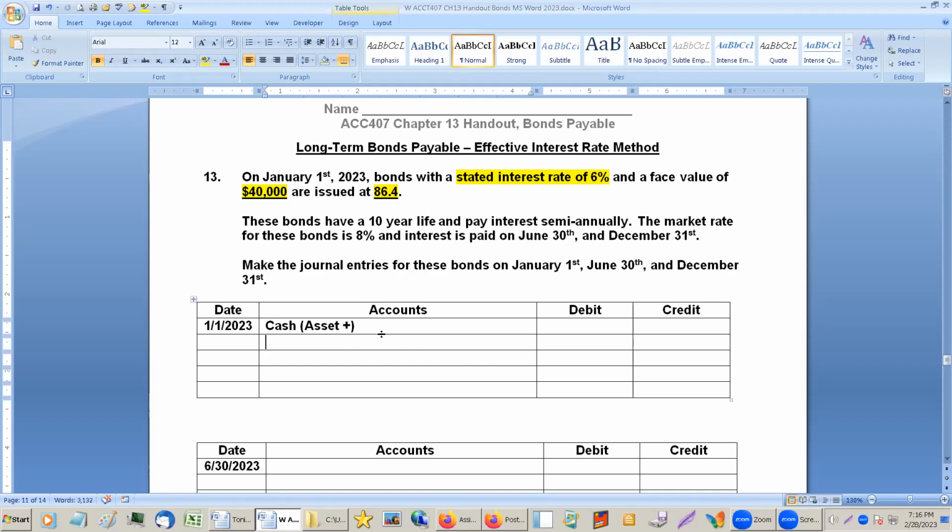It's going to be 40,000 times 86.4, so that's 0.864. If you have a good calculator, you can do it on here.